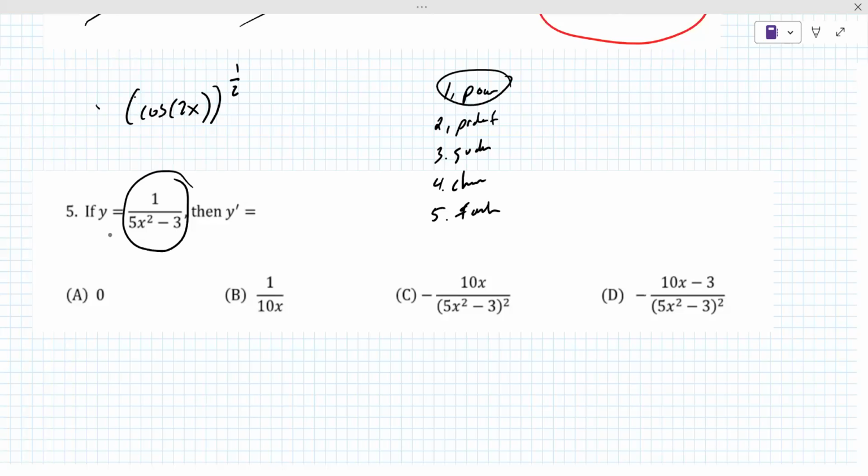Would it be negative 10x? It'd be C. It is C. Very good. All right. Number 6.